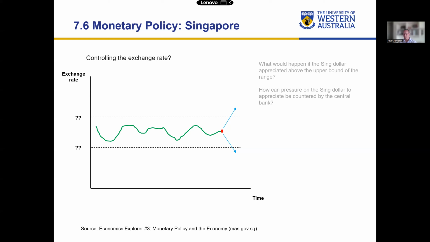If you did that in Singapore, however, and allowed the exchange rate to drop 40%, you'd have a big inflation problem, and that inflation problem would kick in in a hurry. So by keeping the exchange rate constant, you stabilize import prices, which then allows you to control inflation.